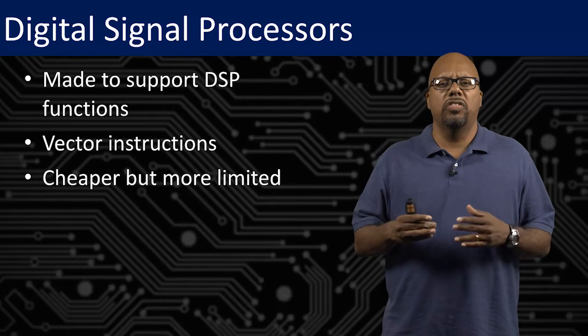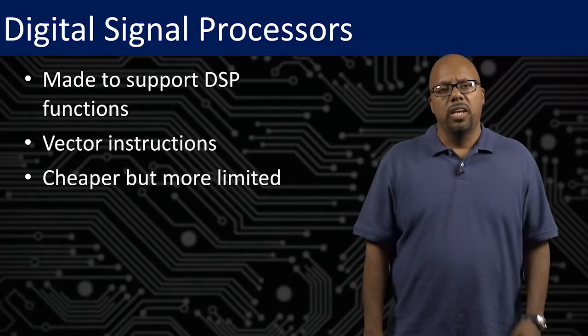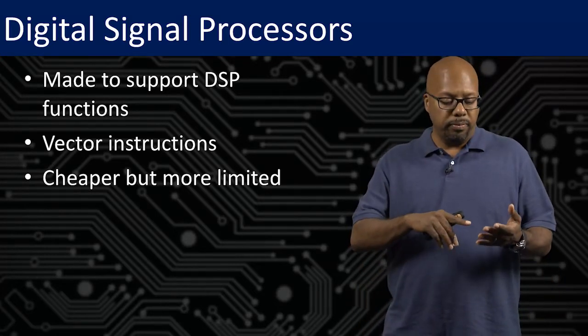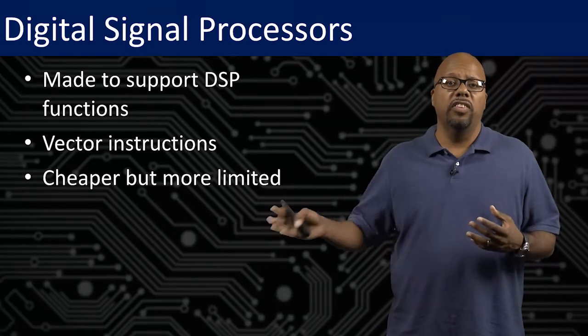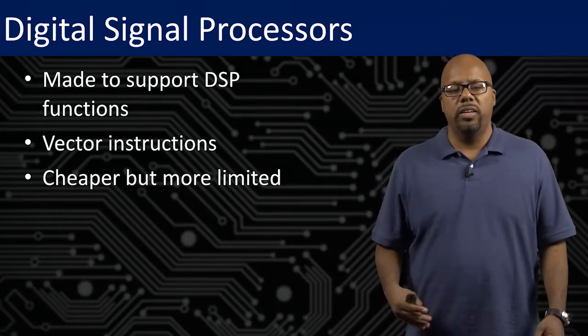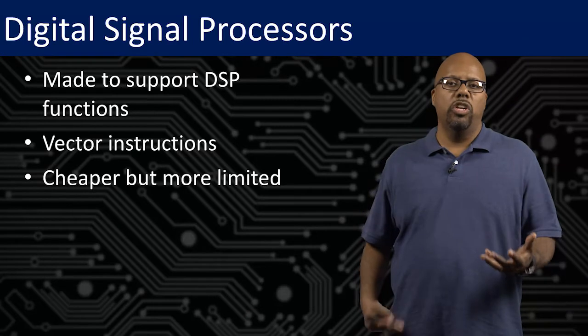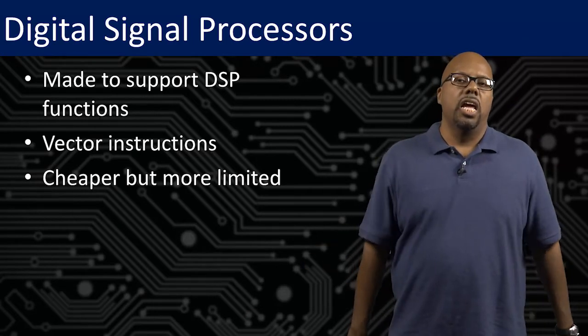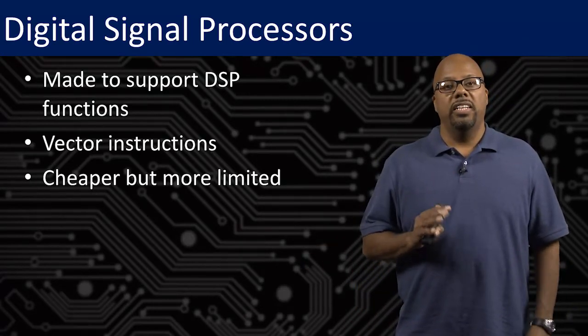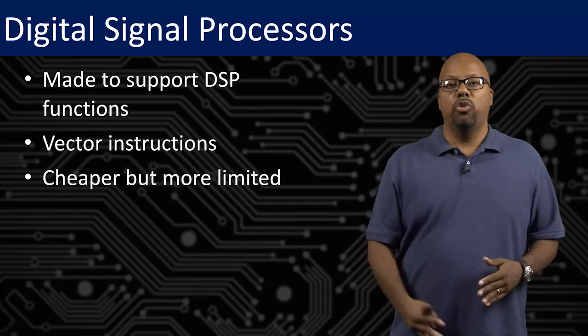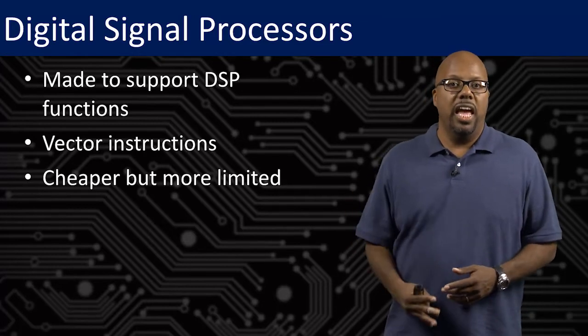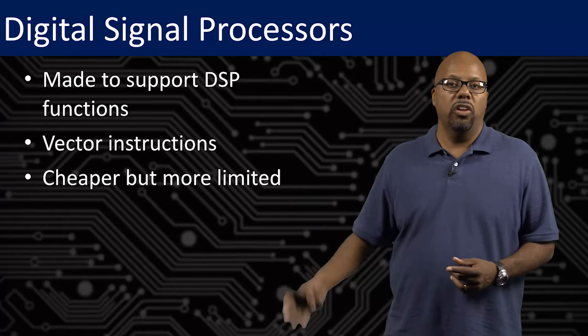They have special instructions for that. They have what are called vector instructions. Vector instructions are instructions that do the same thing to lots of different data. So for instance, say you have add. With add, you might take two numbers and add them together and get a result. A vector add might take 32 numbers, add them to another 32 numbers, and get a 32 number result.